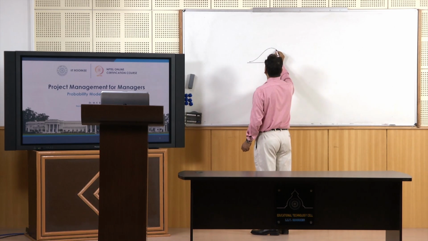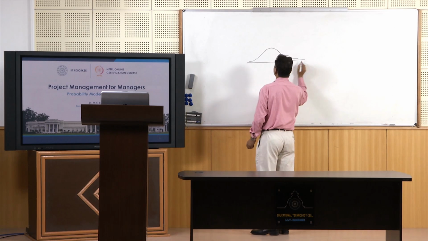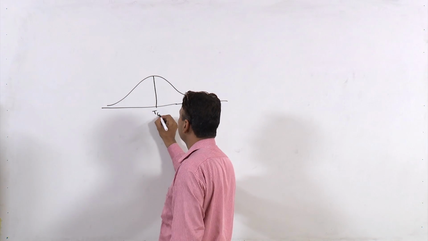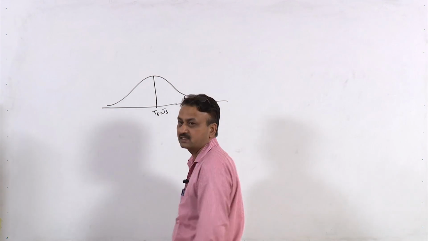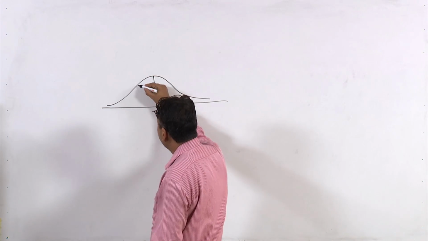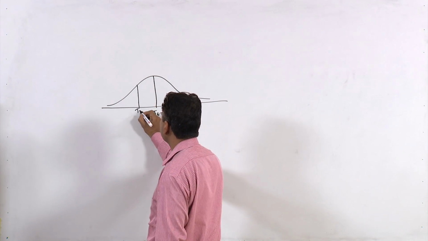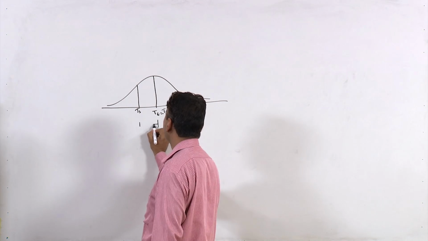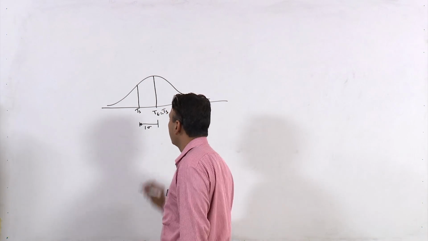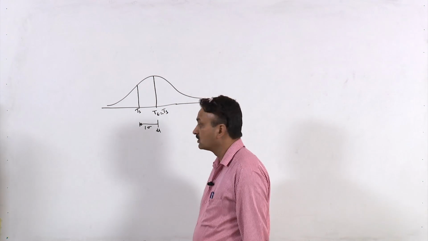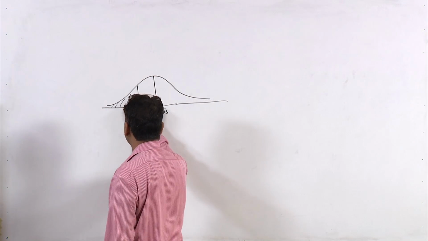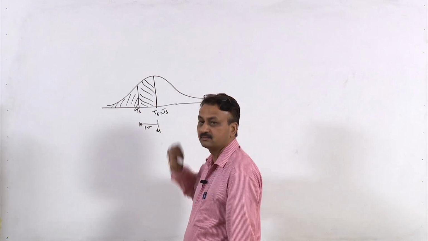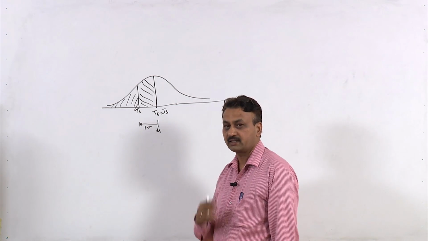This is your normal distribution curve, this is your TE, and let us say this is TS, which is 1 standard deviation away, 1 sigma from your mu. So what would be this area? Can anybody tell me?